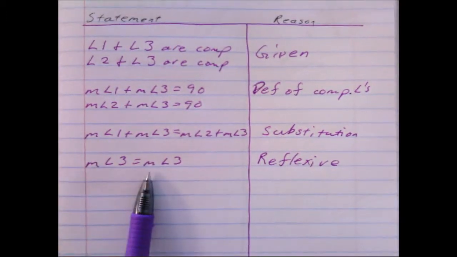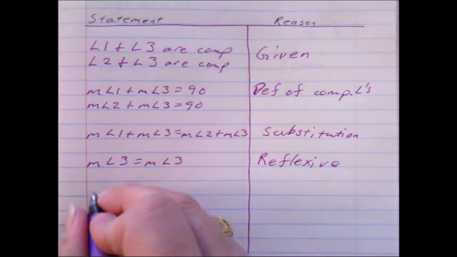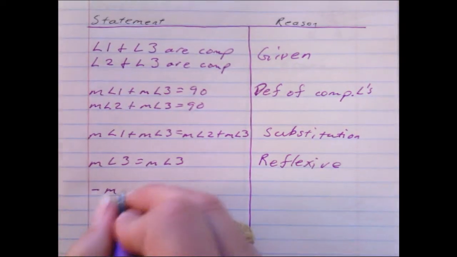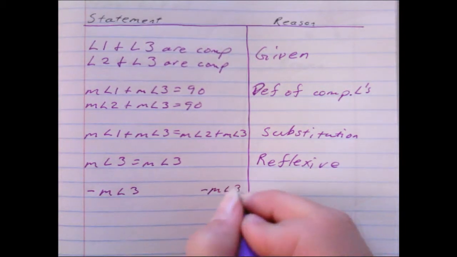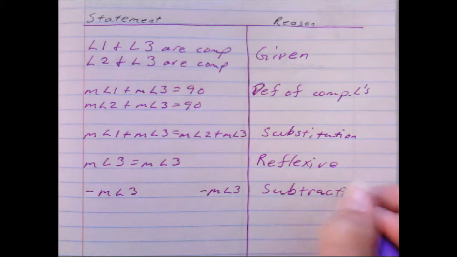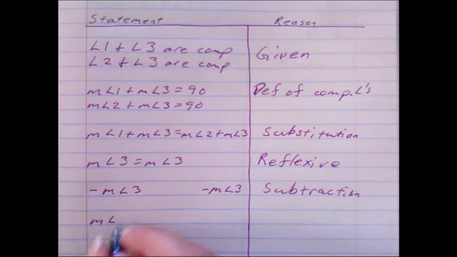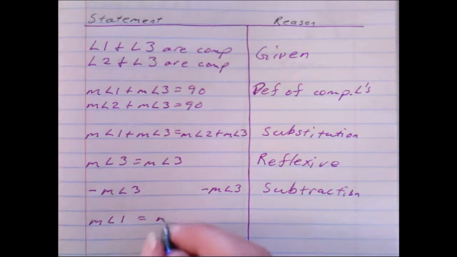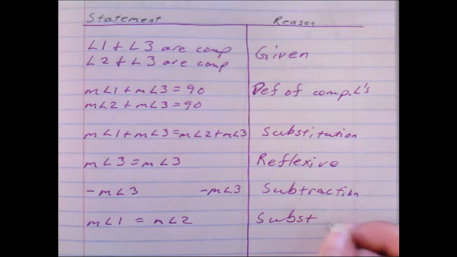Since I know that these are equal to each other, I'm going to subtract those from both sides. So I'm going to subtract the measure of angle 3, subtract the measure of angle 3, so that's going to be subtraction. So I'm left with the measure of angle 1 equals the measure of angle 2, and that is substitution.